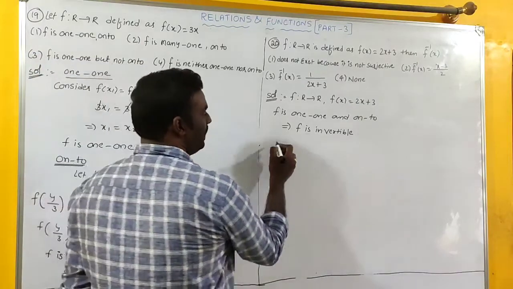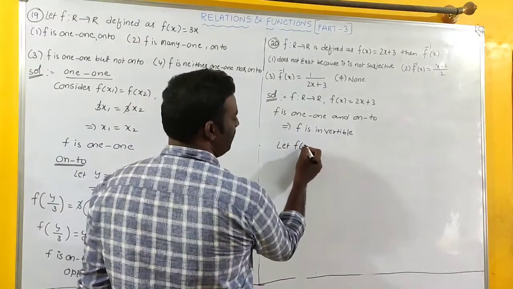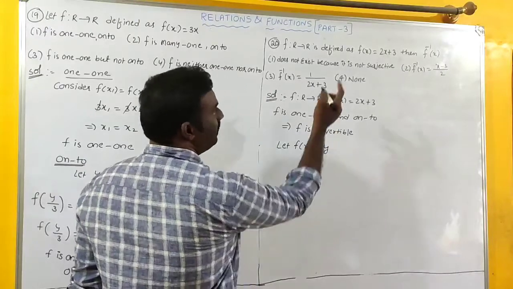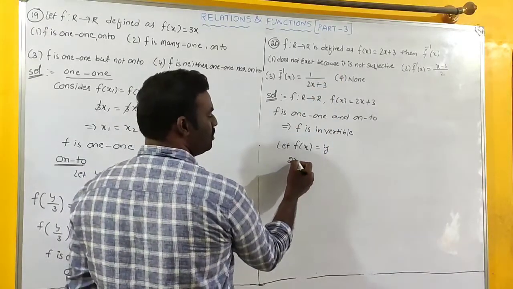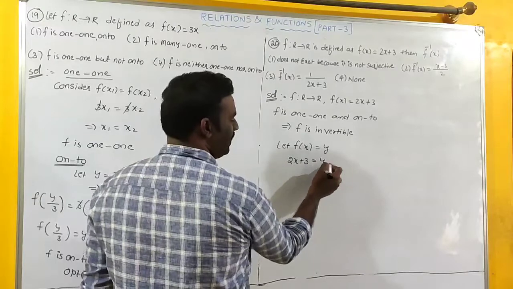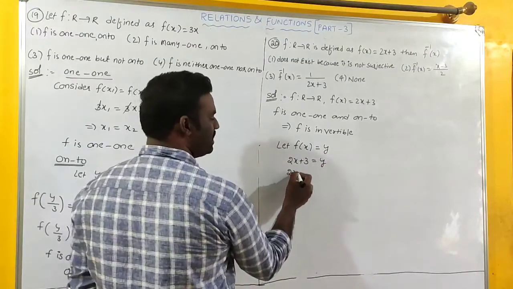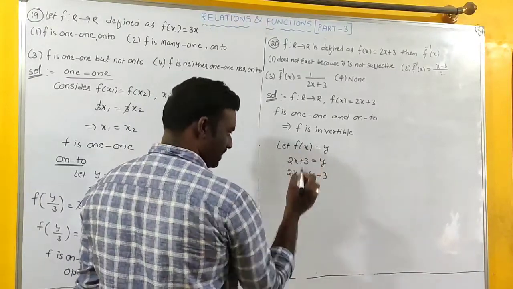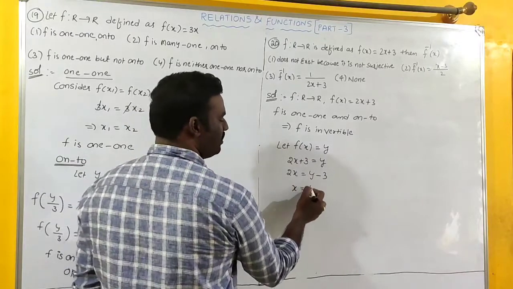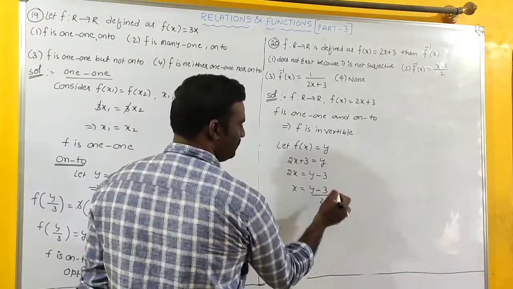That's why I am taking f(x) = y. f(x) is how much? 2x + 3 = y. 2x = y - 3. Then x = (y - 3)/2.